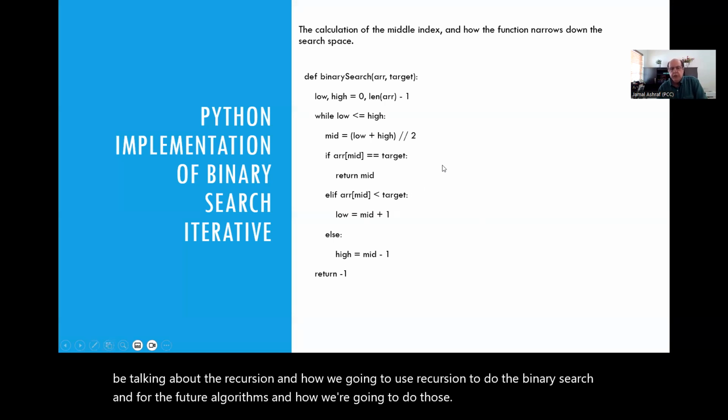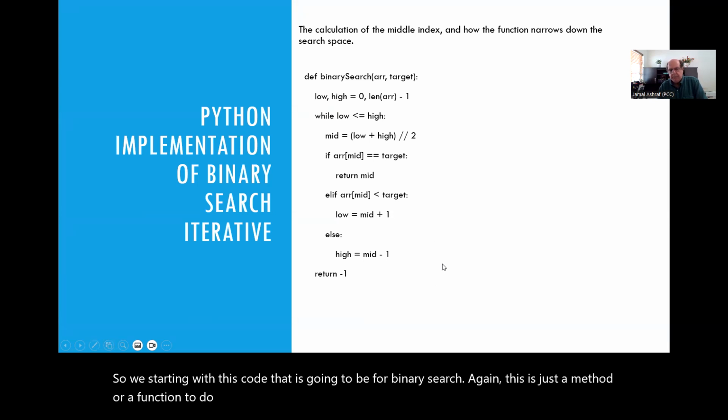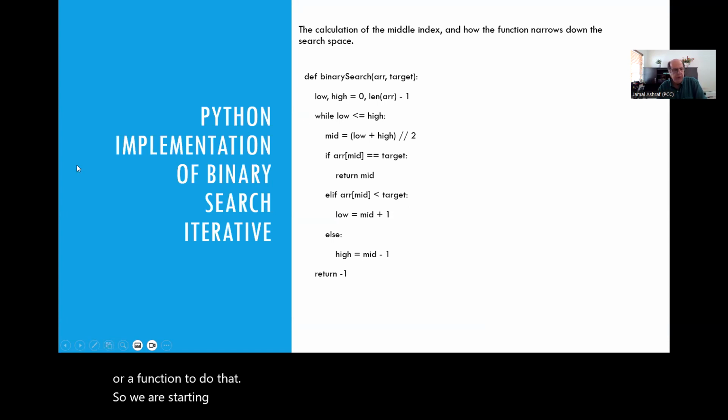So we're starting with this code that is going to be for binary search. Again, this is just a method or a function to do that. We are starting to set our, this is one way of doing it, for those who might not be familiar with this. So we have two variables and we have two values.